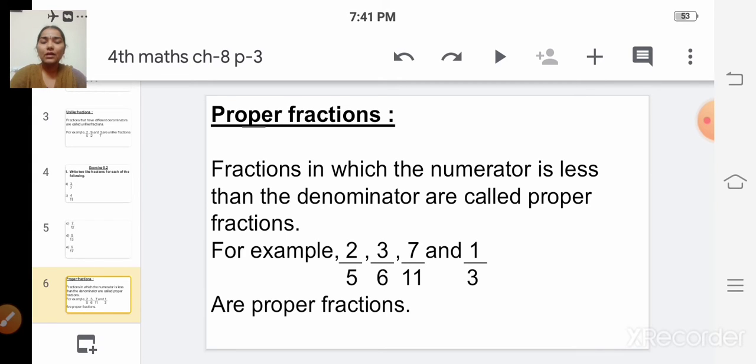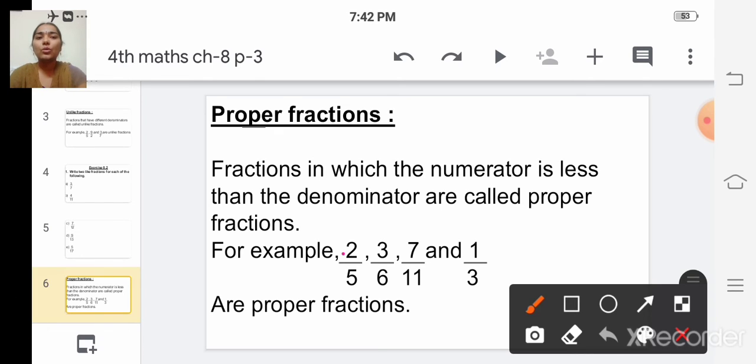For example, 2 by 5, 3 by 6, 7 by 11 and 1 by 3. Look at these fractions. 2 is less than 5. Next fraction, 3 is less than 6. In the next fraction 7 is less than 11, and here 1 is less than 3.